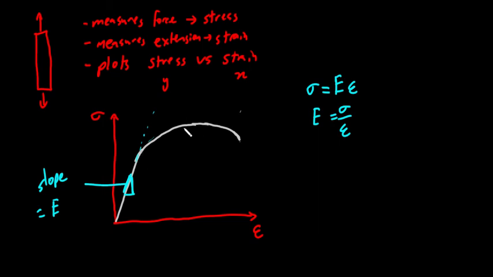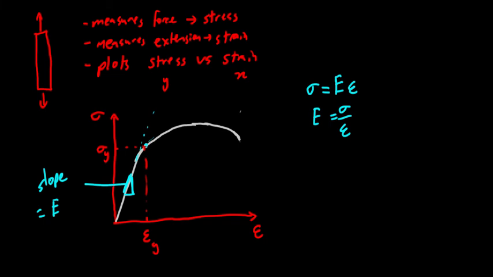The part that's not straight line is definitely not, and that's what we call plastic. To a certain point, we call a point a yield point. I'm going to call that point here-ish, and that's what I call my yield stress. Actually, I'll project that across. This is my yield stress, and this is my yield strain.